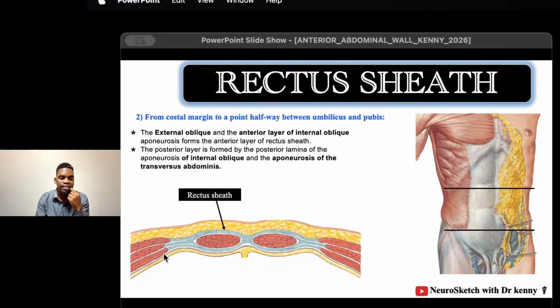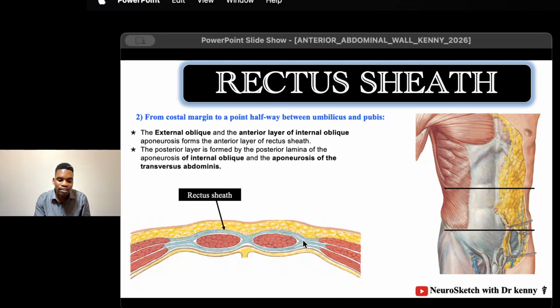This happens in such a way that the external oblique passes anterior to the rectus abdominis, so it forms part of the anterior layer of the rectus sheath. The transversus abdominis passes posterior to the rectus abdominis, so it forms part of the posterior layer of the rectus sheath. And what happens to the internal oblique? At this level, the aponeurosis of the internal oblique splits into two parts, the anterior lamina and the posterior lamina.